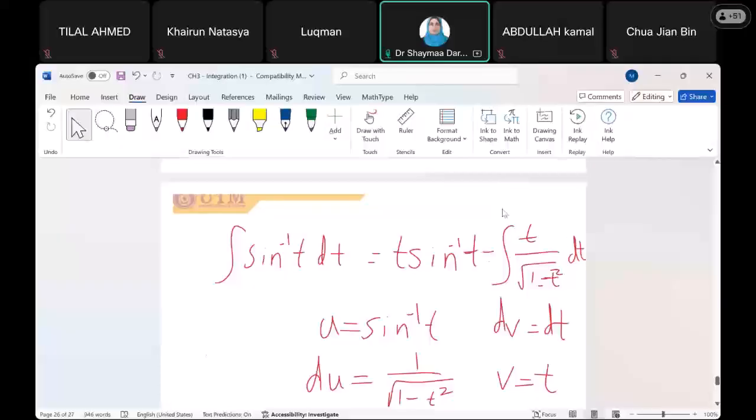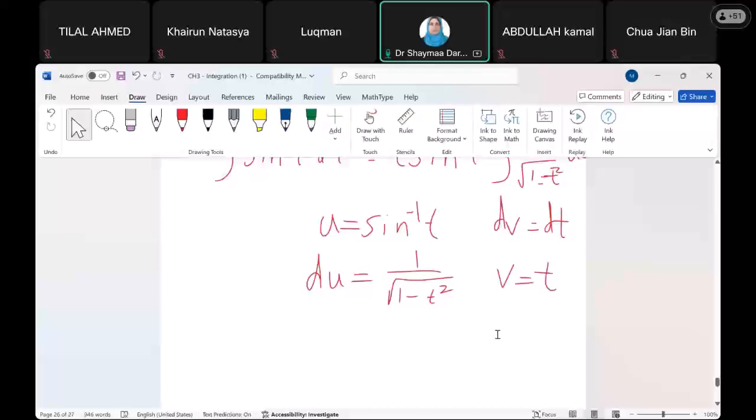Okay, how to evaluate this part? Here also use substitution.